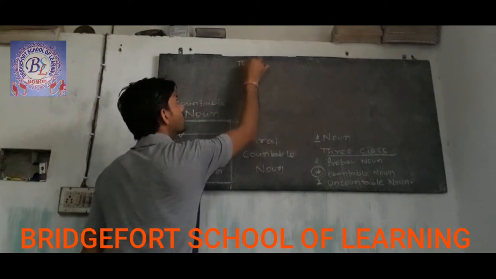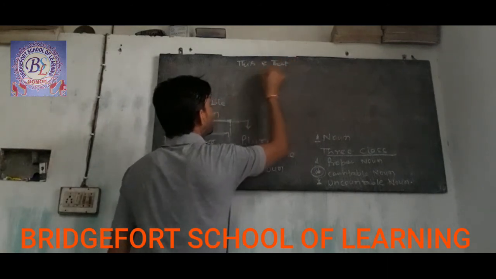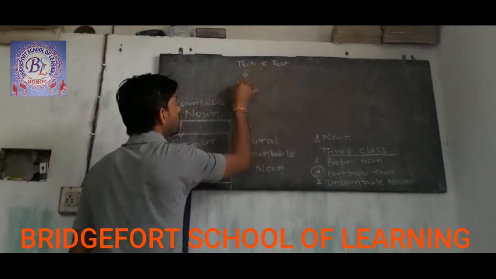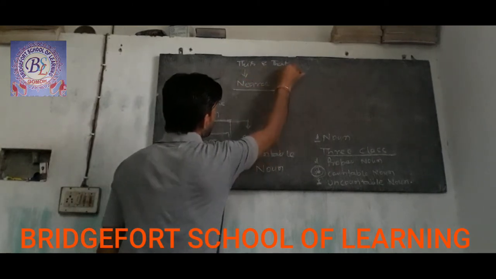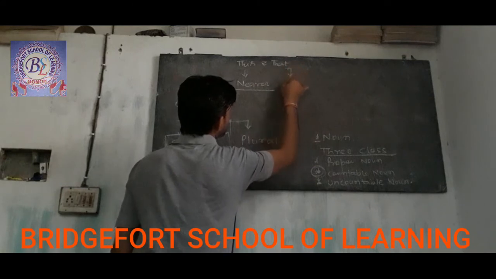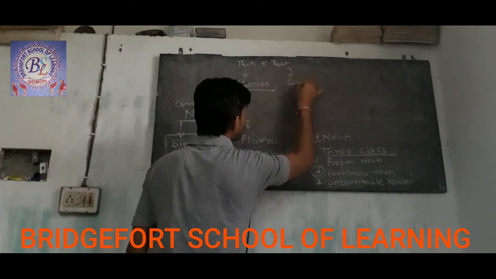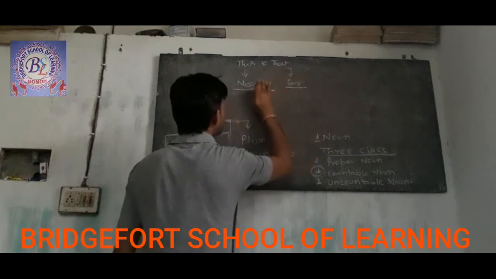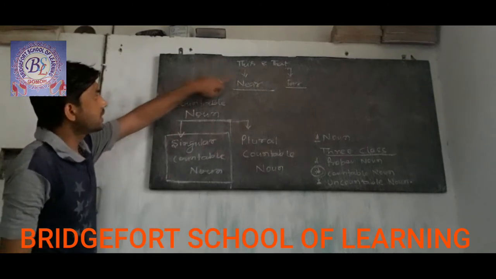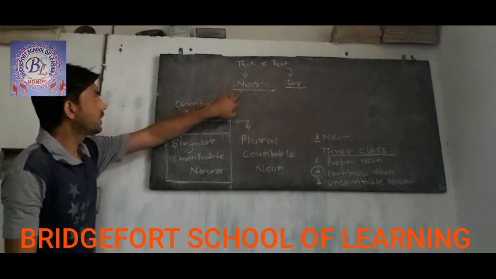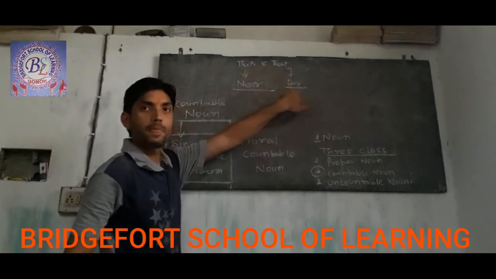So singular countable noun: this and that. This denotes nearer articles and that denotes farther ones. It means that this is used to denote a near object and that is used to denote a far object.